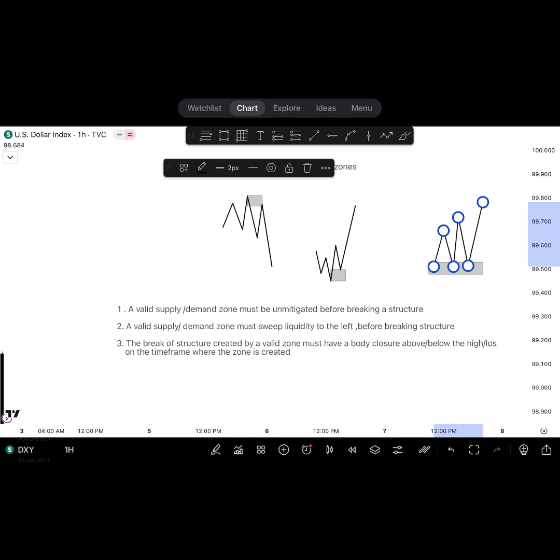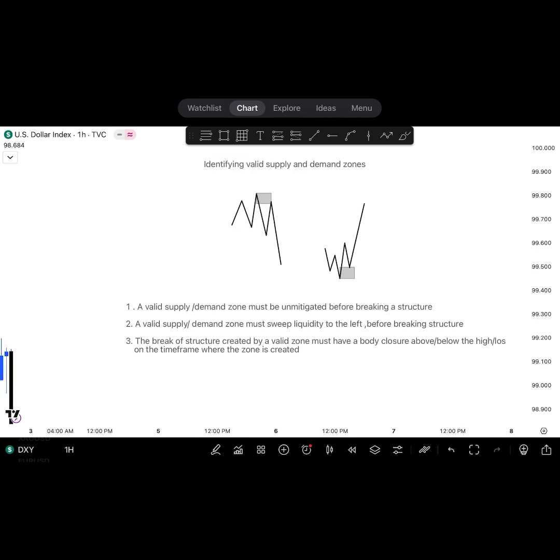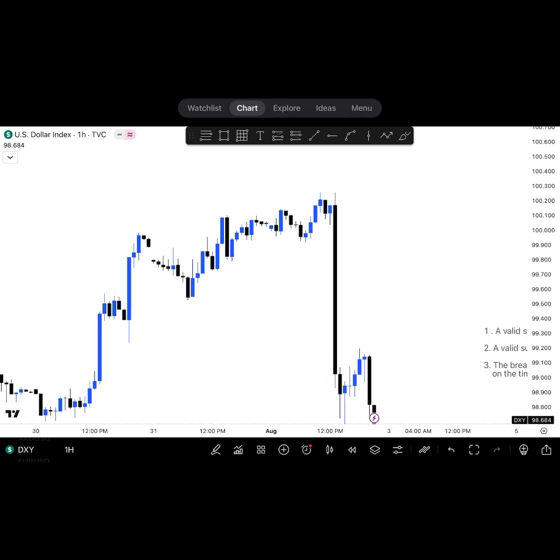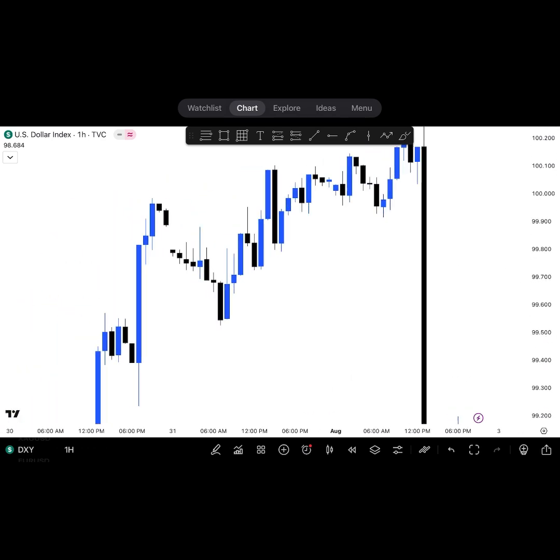Price has traded off it so many times. So the probability of such a demand zone working is quite low. So every time you're looking for a demand zone or a supply zone, make sure the price has not mitigated it. It is unmitigated. Let's go to a chart and look for an example of a mitigated zone.